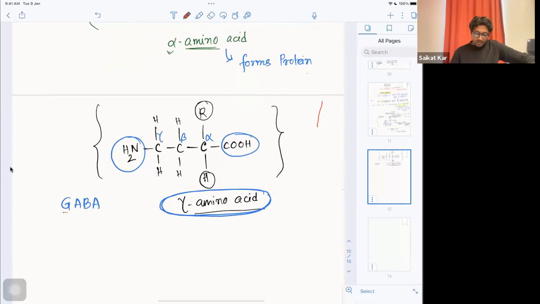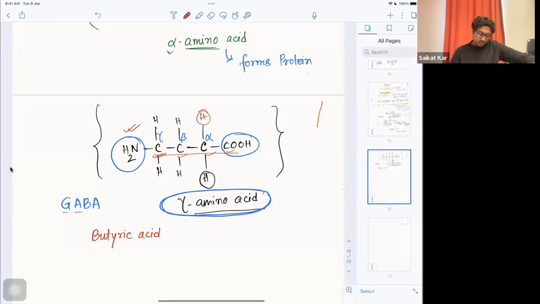This is called gamma amino. How many carbons are there? 1, 2, 3, 4. Let me replace this R with H. If I just replace this R with H, then the whole structure becomes, there are 4 carbons, so butyric acid, and in this butyric acid there is an amine group attached to which carbon?